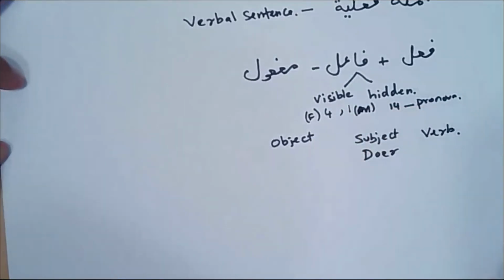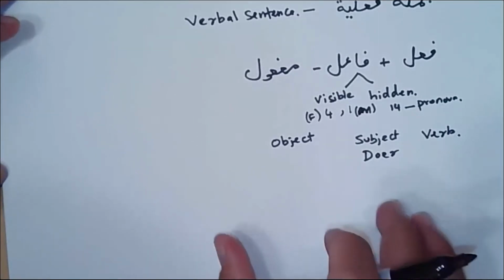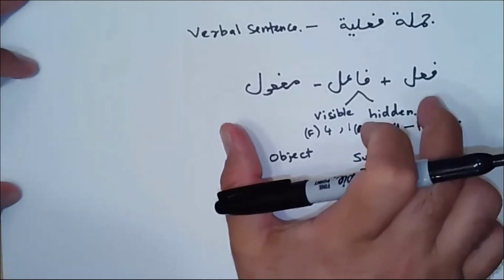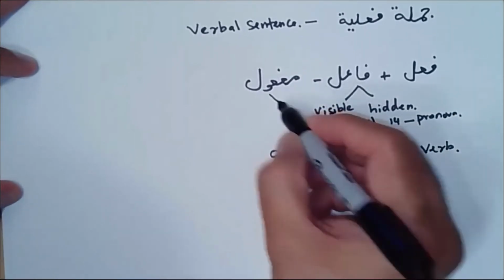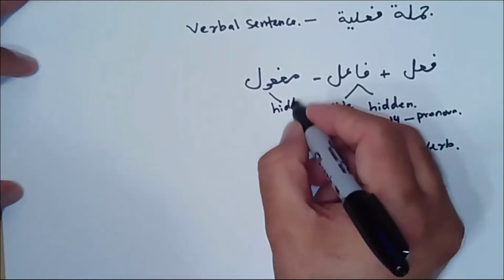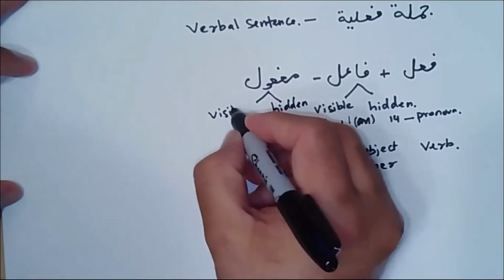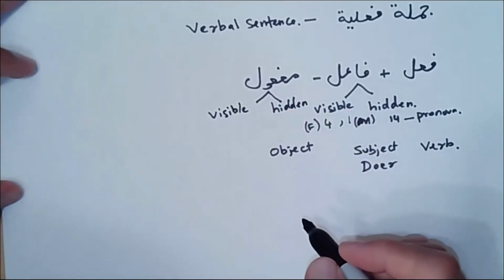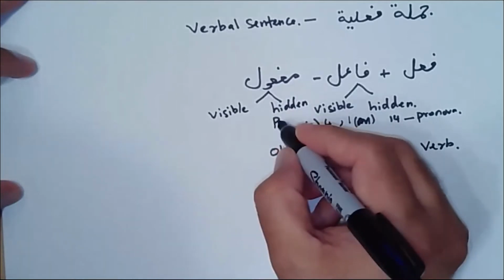Okay. Now, why am I telling you this? Because for passive voice, in order to understand that, we need to review this component. Okay. Similarly, a maf'ul could be hidden or it could be visible. Okay. If it's hidden, it's normally a pronoun.